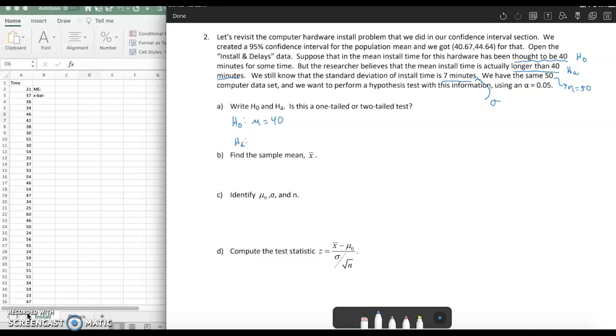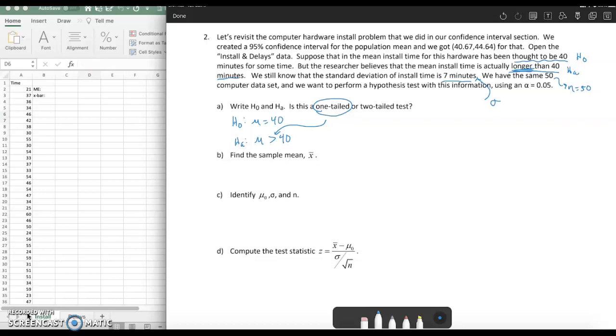But we are researching the idea that maybe it's actually, notice it says longer than 40, so we have direction here. So we're hypothesizing that mu is greater than 40, a longer time than 40. This is a 1-tailed test, because we have direction in the right-hand direction.